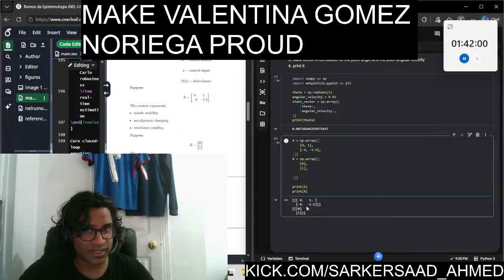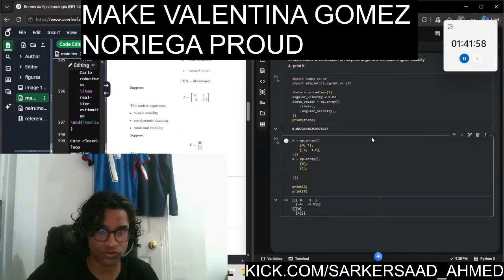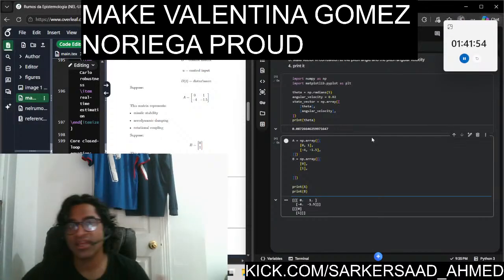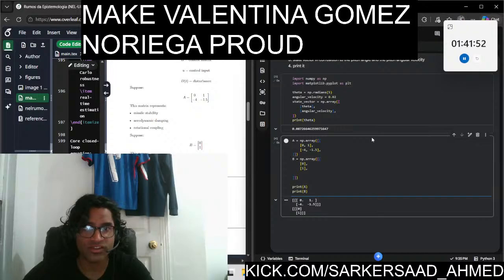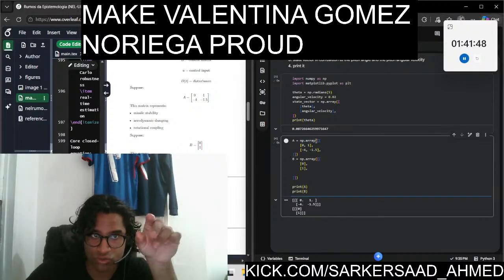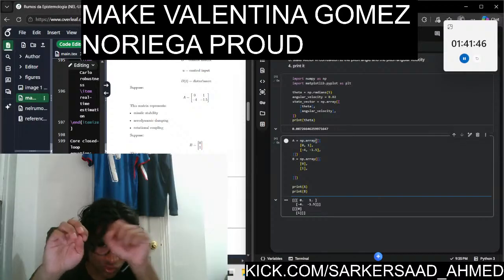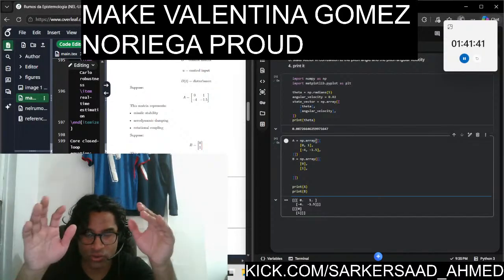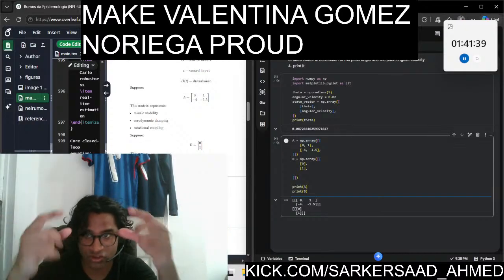So how to create a 2x2 array? First of all, obviously you need A is equal to np.array. If you want to create a 2x2 matrix, first of all you need to have 2 square boxes, right? And followed by that, you are going to create 2, 2.